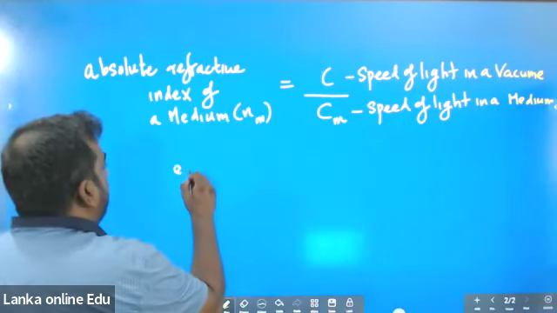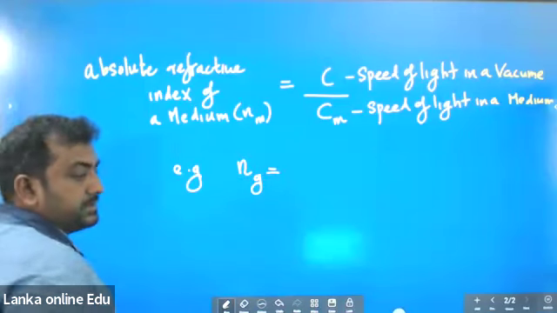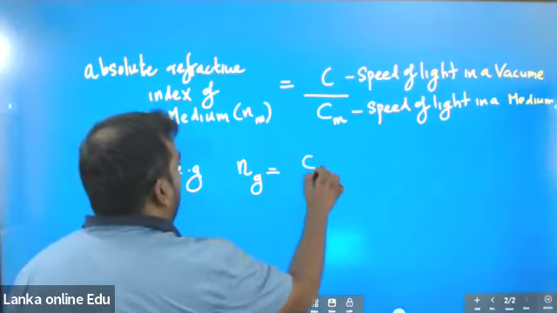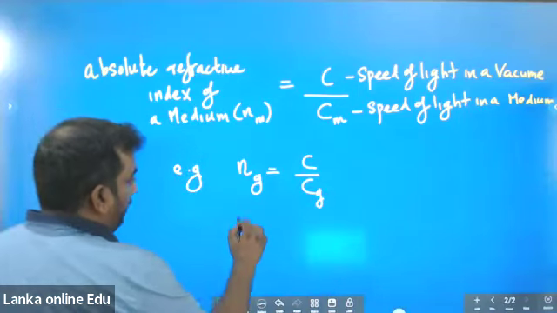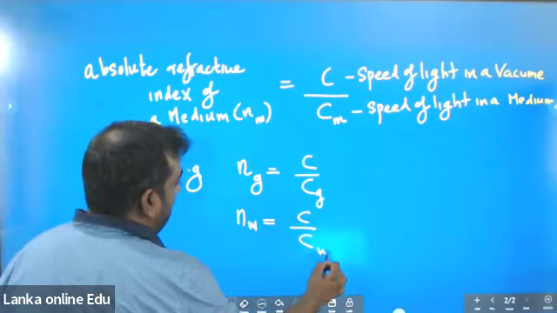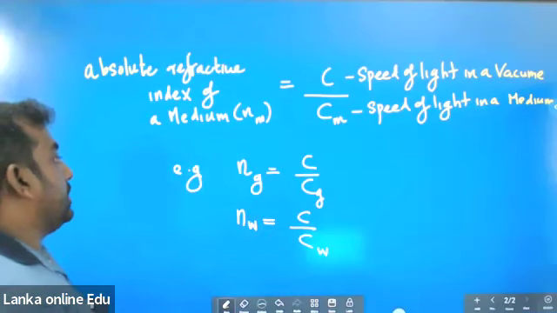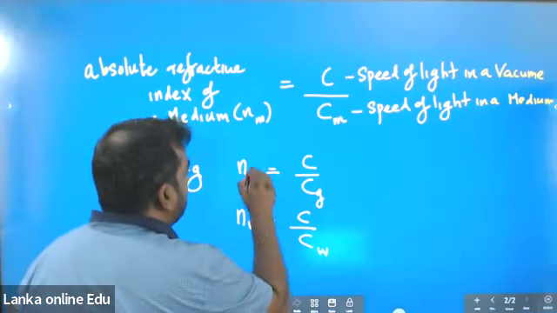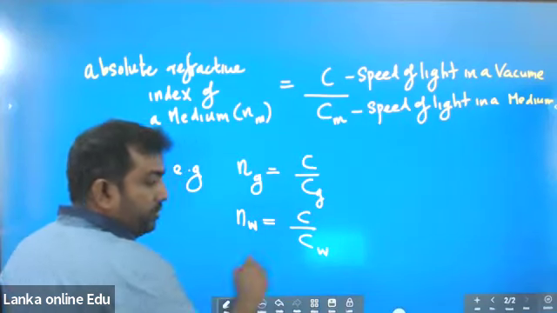So, for example, the absolute refractive index of glass is the speed of light in vacuum over the speed of light in glass, that is C over CG. The absolute refractive index of water is C over CW.